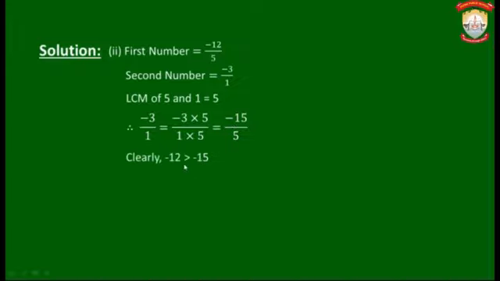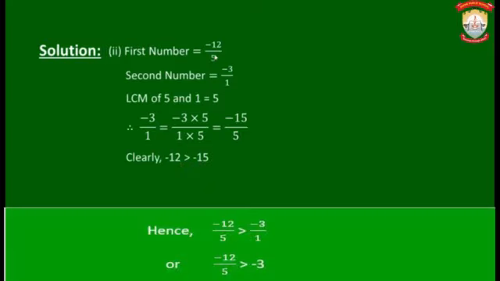So minus 12 upon 5 will also be greater than minus 15 upon 5. Hence we can say that minus 12 upon 5 is greater than minus 3 upon 1, or minus 12 upon 5 is greater than minus 3. Now it's time for homework.